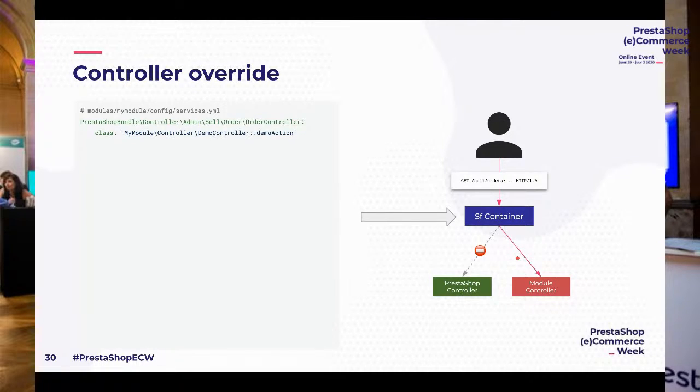So how does this work? It works at the service level. Again, in your module, you set up a config and you say that the class of the original controller is now this. So you're replacing order controller with demo controller.